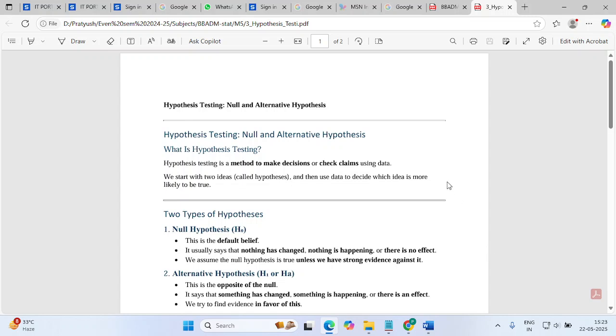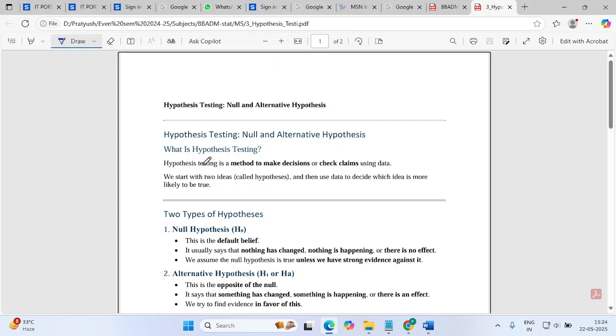So hypothesis testing is a method to make decisions or check claims using data.